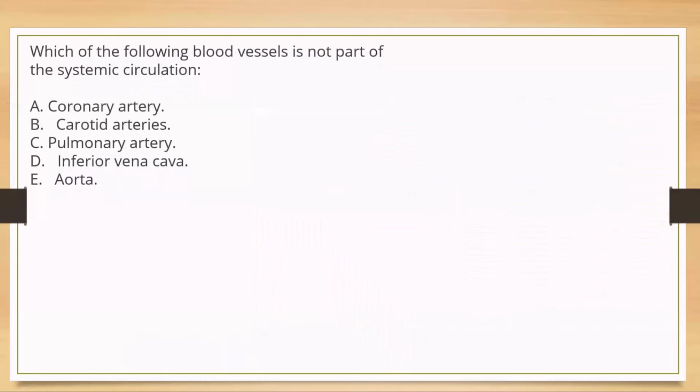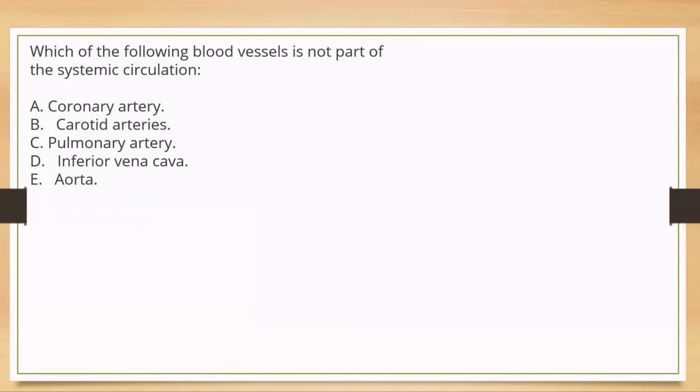Now, which of the following vessels is not part of the systemic circulation? Systemic means blood from the left ventricle moving through the aorta into the systemic circulation and coming back into the heart.